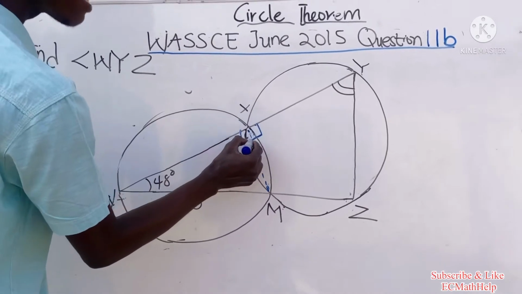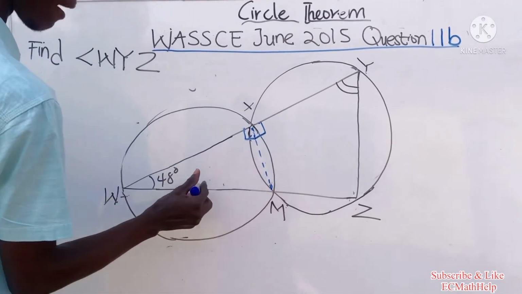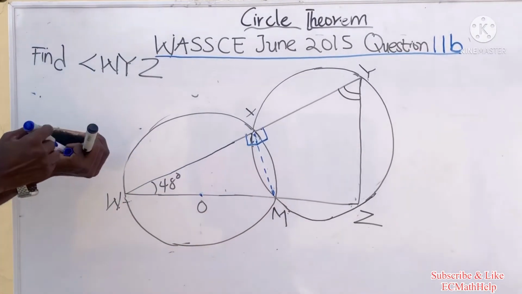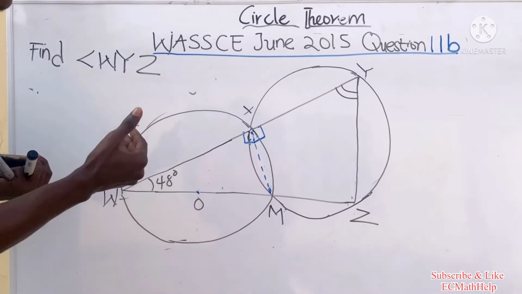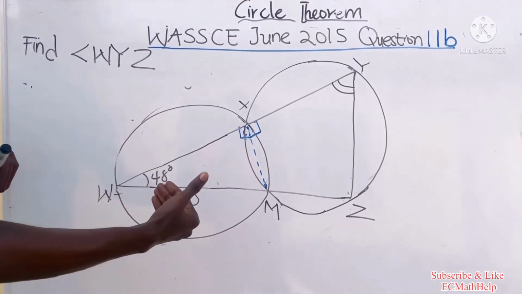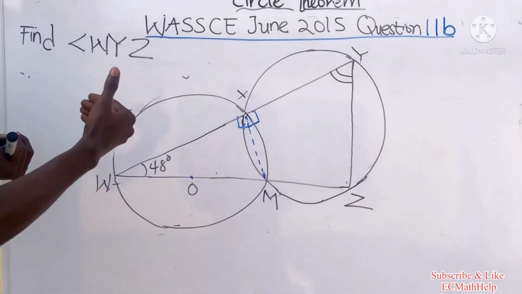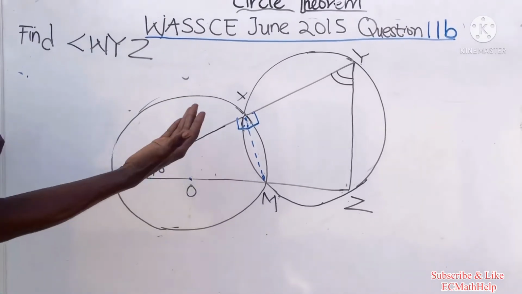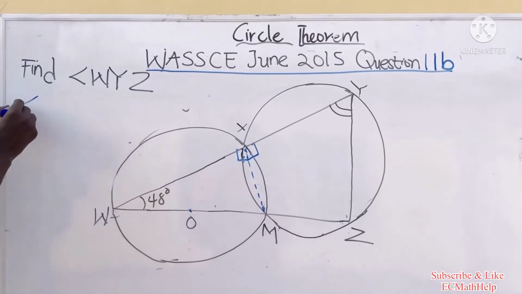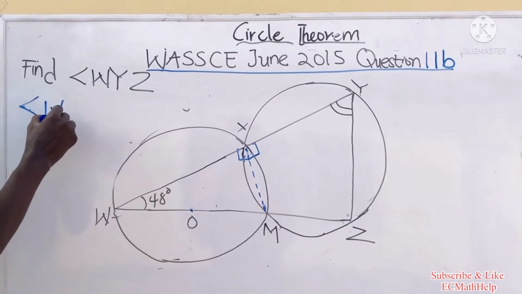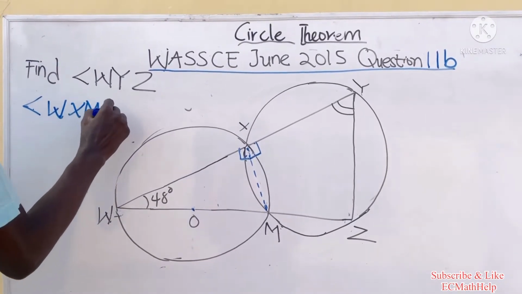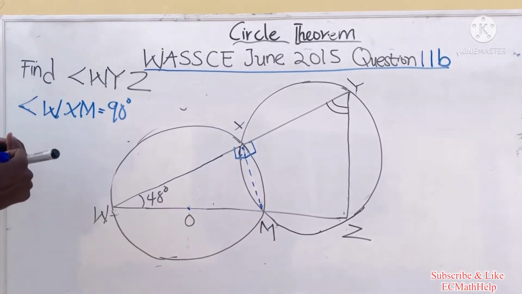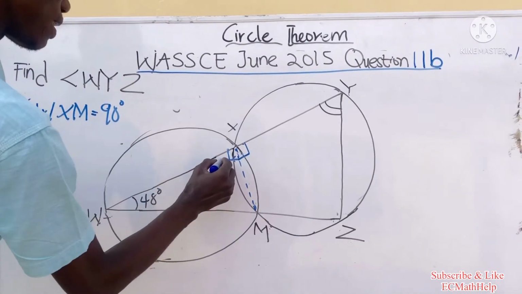Please, if you haven't gone through the properties very well, kindly go through our previous videos on the properties to help you when you are solving such questions. So we can say that angle WXM equals 90 degrees, from the rule.